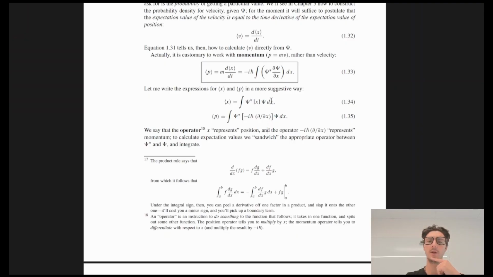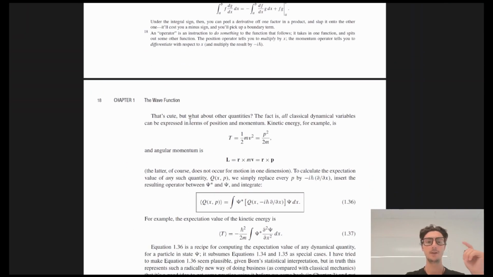So you can see they look very similar, except the thing in the square brackets is different. We say that the operator x represents position and the operator negative i h bar, derivative with respect to position, represents momentum. To calculate expectation values, we sandwich the appropriate operator between psi star, complex conjugate of psi, and psi, and we integrate.